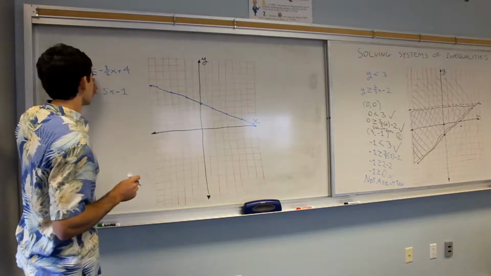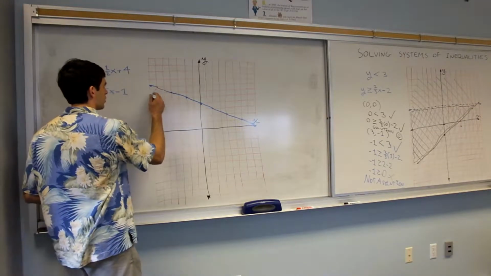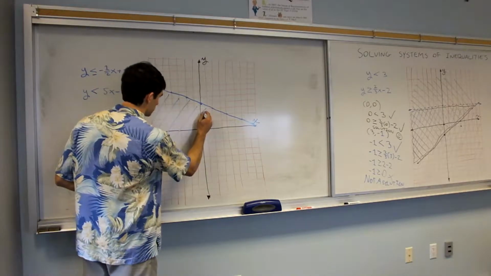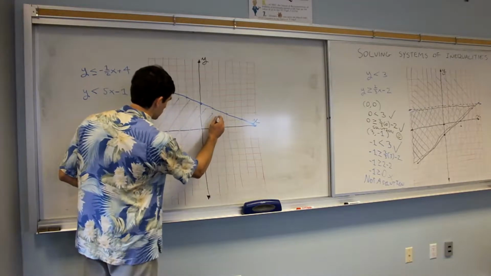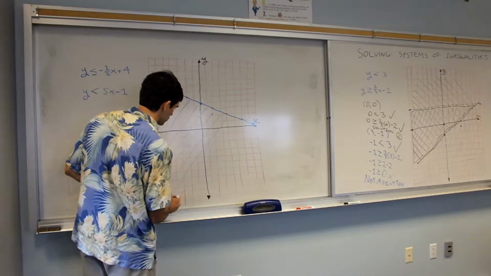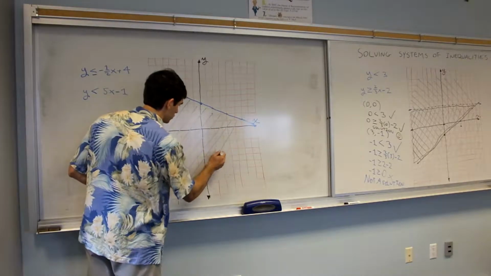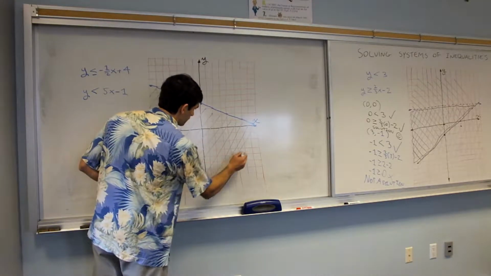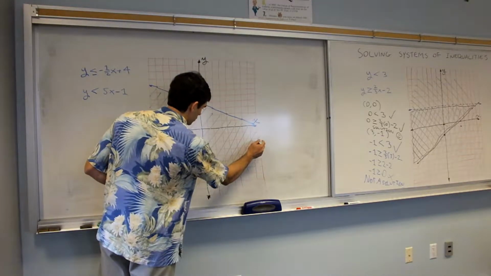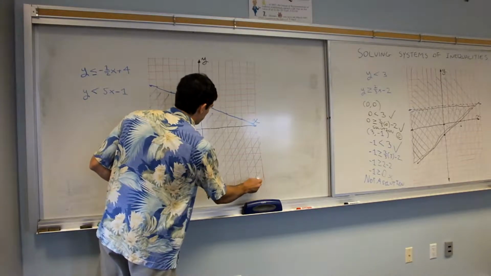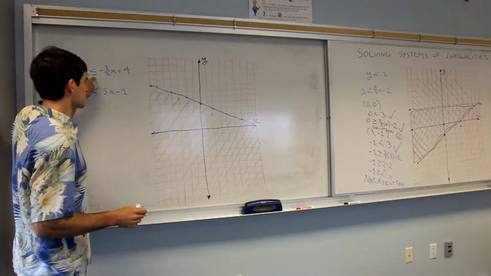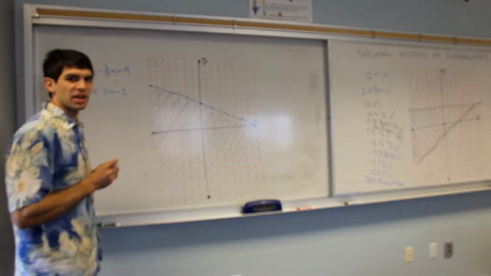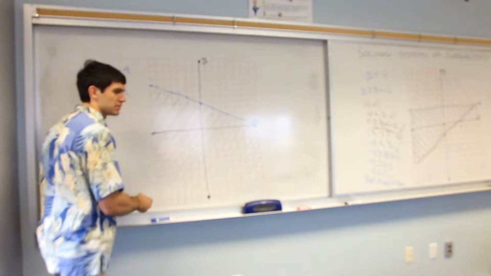And since y is less than or equal to that, we're going to shade the area below the curve. So also note that since this is less than or equal to, that's why I have a solid line here. So just be careful because that can get a little bit tricky to remember sometimes.